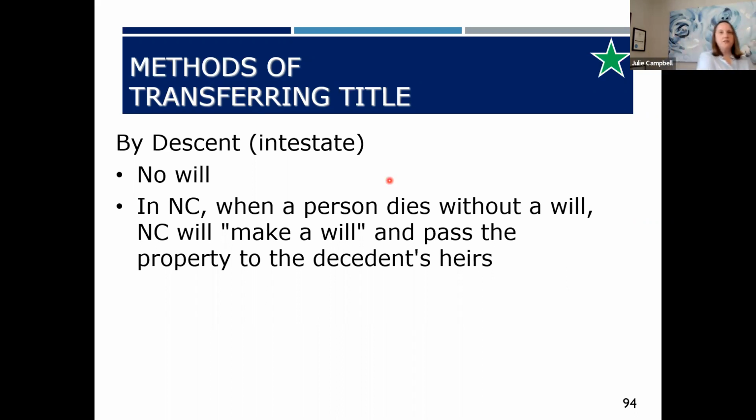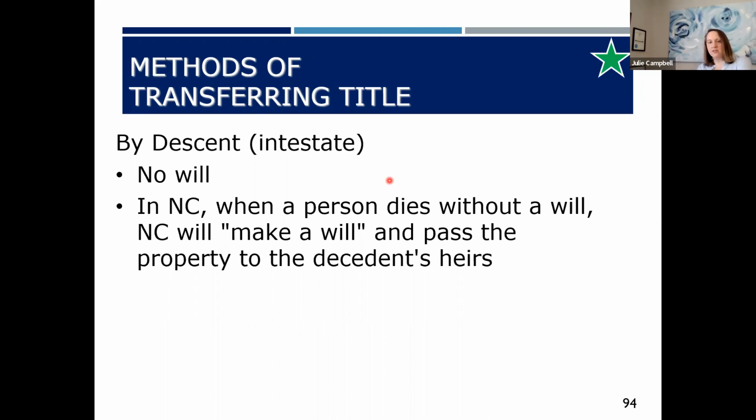So we said escheat was no will, no heirs. Descent is no will with heirs. By testate or intestate succession, the state, the courts, in a sense, are going to try to make a will for the deceased so that we can pass the property down to their heirs. Maybe they can find heirs, maybe they can't.